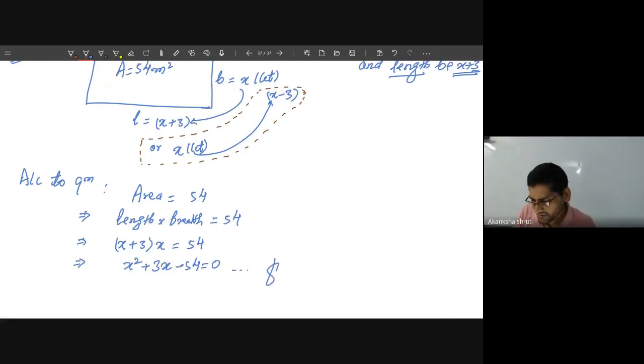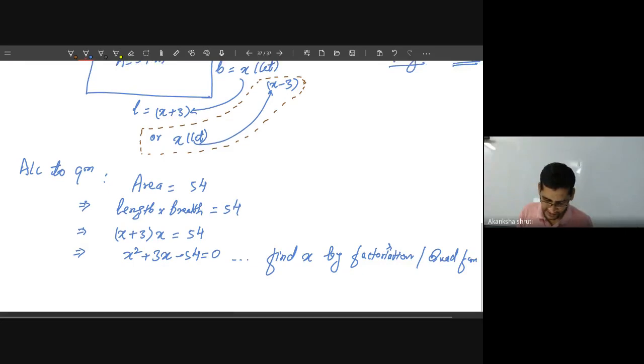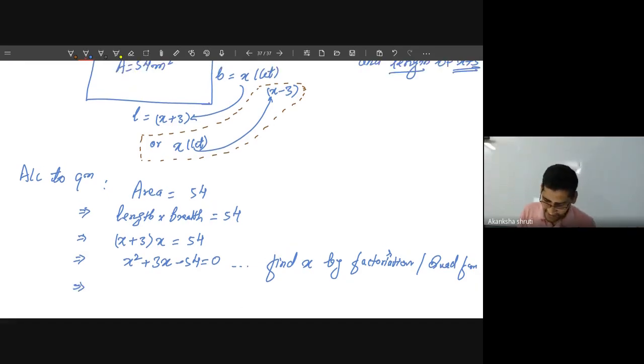You have to find x, either by the factor method or the quadratic formula, whichever is convenient. Here I directly apply the quadratic formula, or we can apply factorization too. But see here, c is very large, so it is better to apply the quadratic formula.